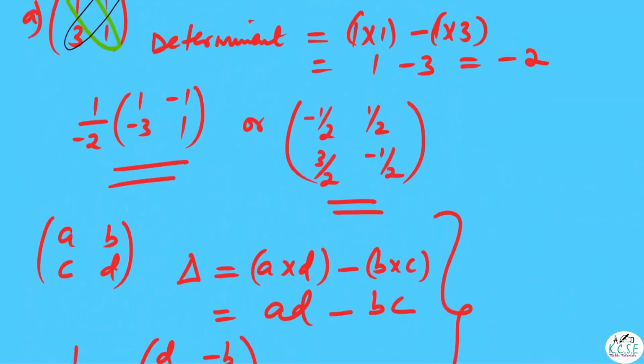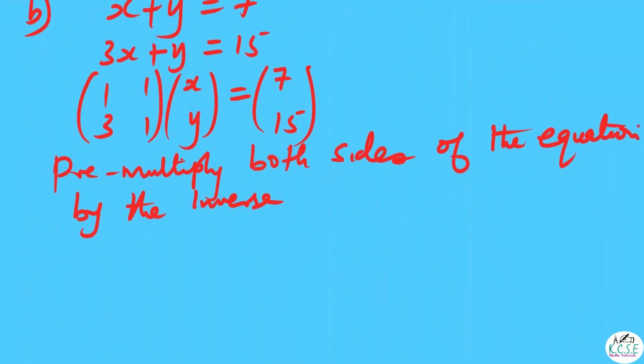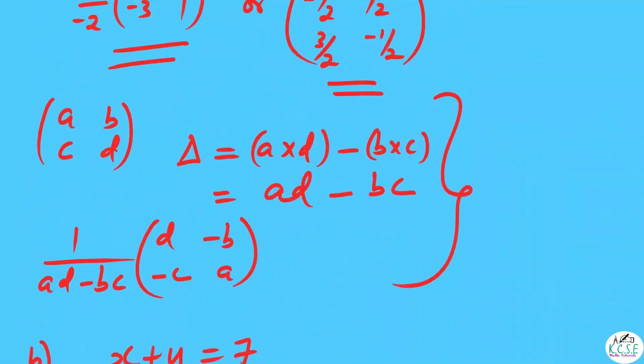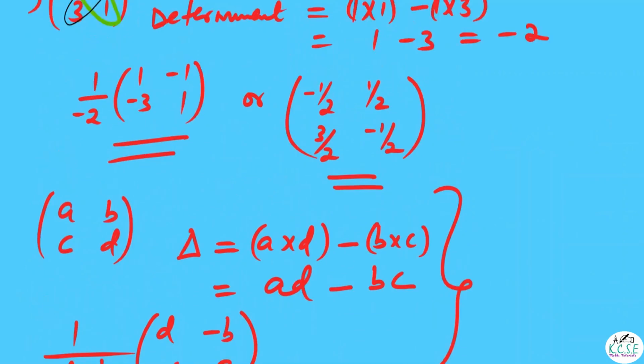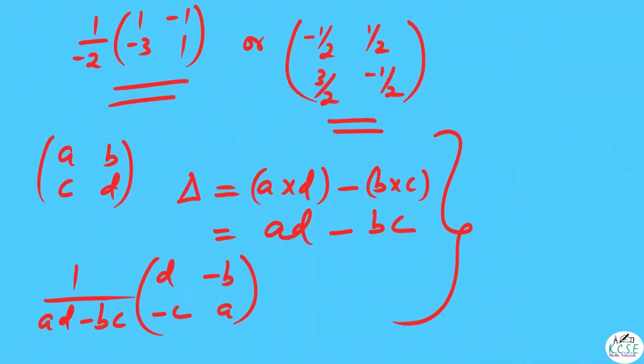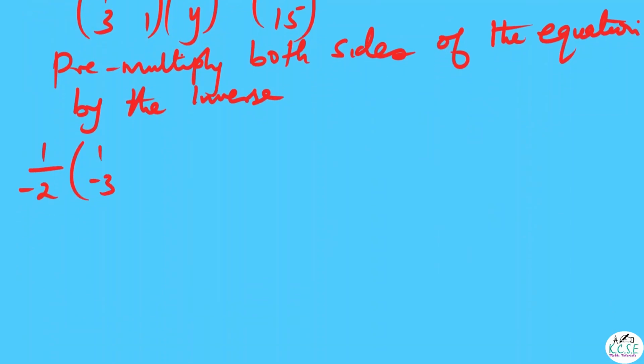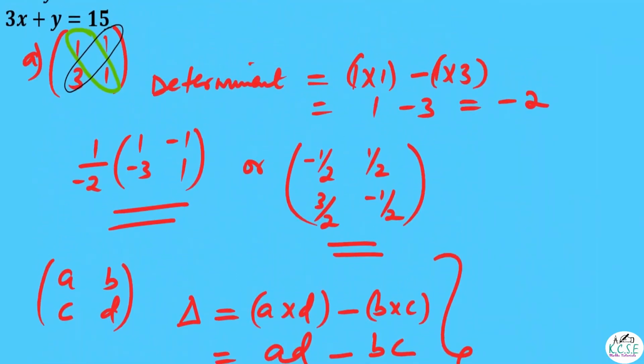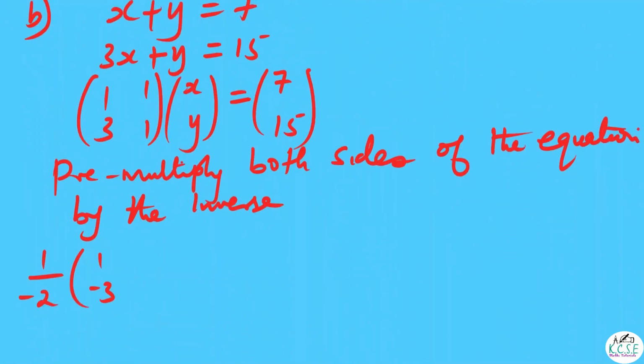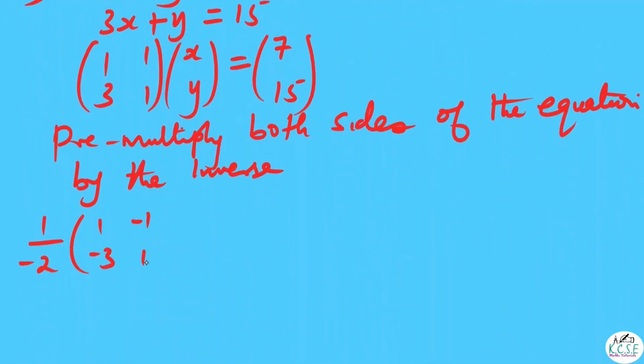We have obtained that. This is 1 over negative 2, times 1 negative 3, negative 1 1. Copy here, because this is negative 1 1.